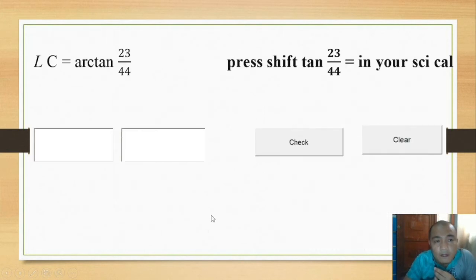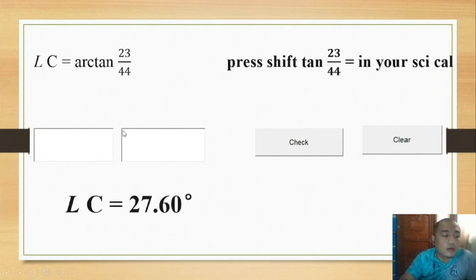So next step, let us solve for the measure of angle C by pressing in your calculator shift tan 23 over 44. Okay, what's your answer? 27.60 degrees.